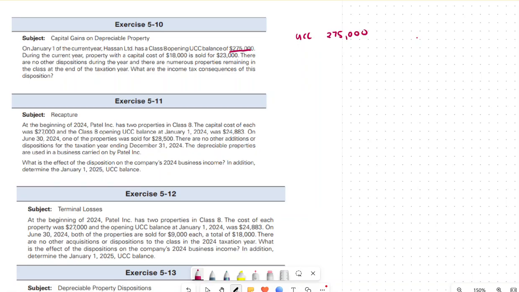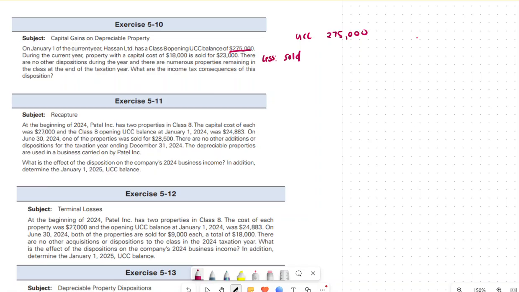They're not talking about CCA. All they're talking about is what happens if you sell an asset. If you sell an asset, you need to see what's happening. So if you have an asset, either you buy it or you sell it. If you sold it, it will be a less.